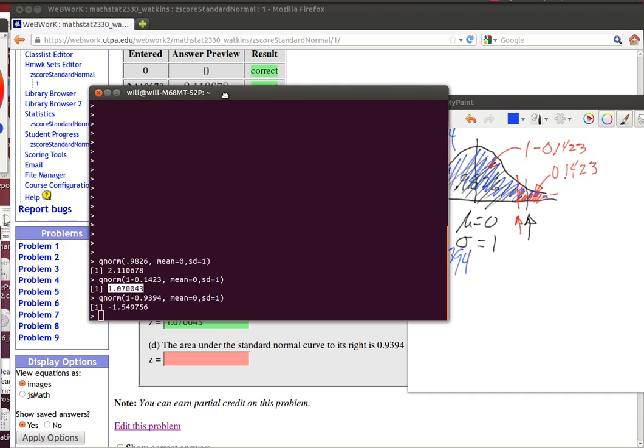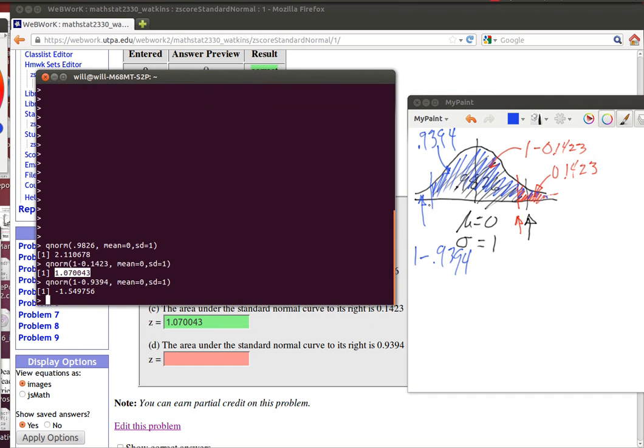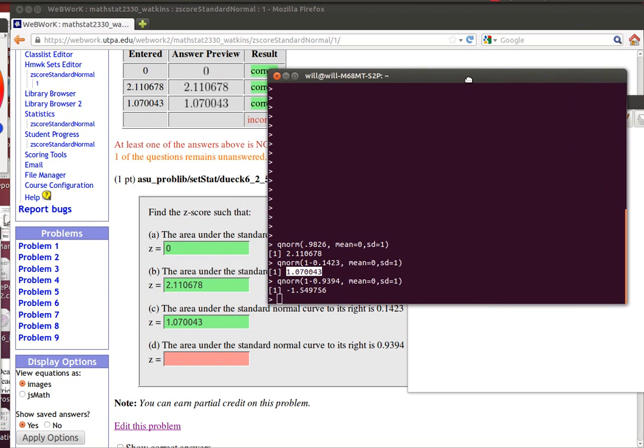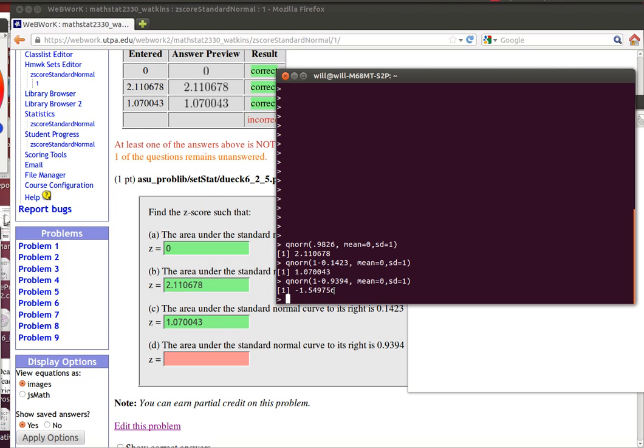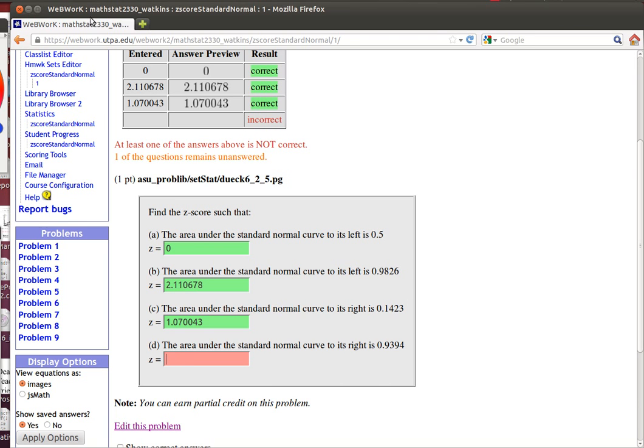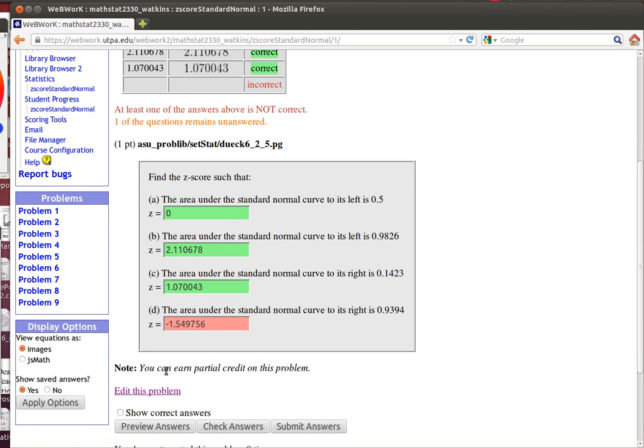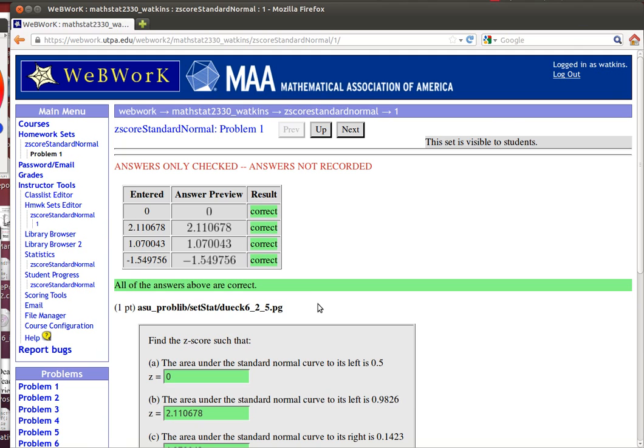Okay, so that amount, not surprisingly, is going to be over here at a negative amount because most of the area is over there. And I can just copy and paste this again. Copy that and paste it into there and check my answer.